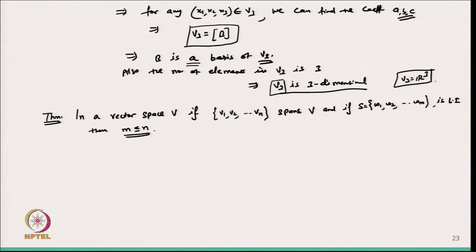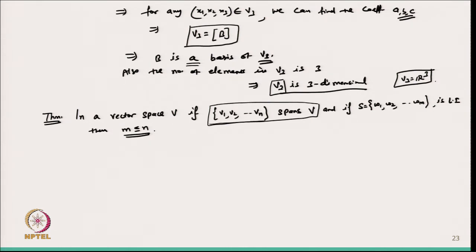So, this m will always be less than or equal to n. In this case, this is the spanning set. It need not be a basis, but the only condition is that it spans V.